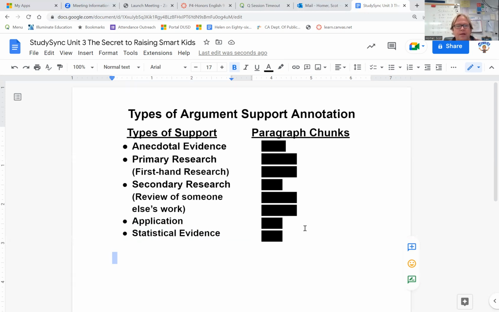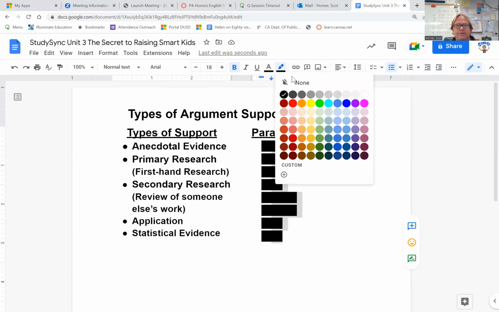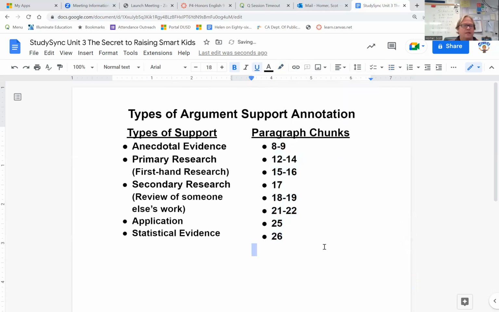Now, what I've done for you is I've broken the paragraphs up into chunks. So let's have a look at that. If you look at the paragraph chunks, the first part of the article is her setting up her argument, giving her thesis. And then starting in paragraph 8, she starts providing supporting evidence.